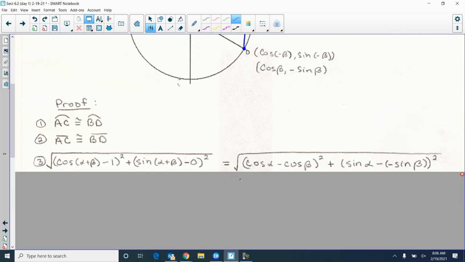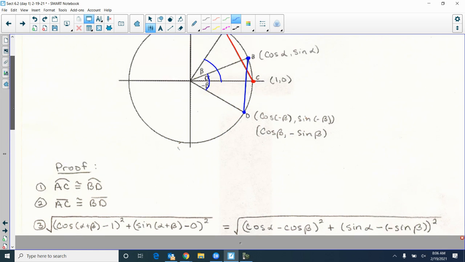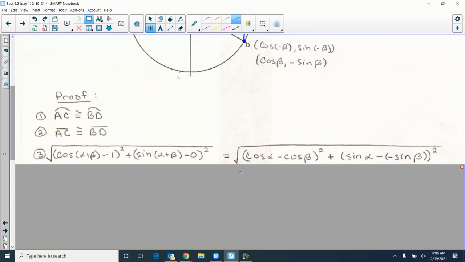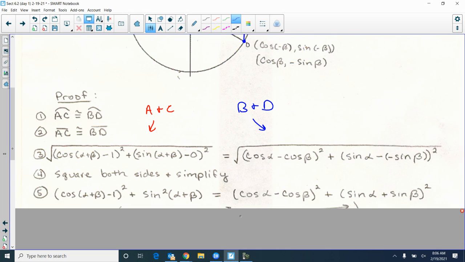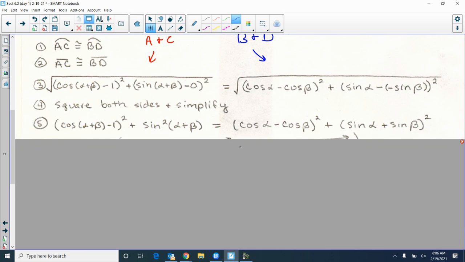Now, this right here is your distance formula for points A and C. This is for points B and D. So I know those lengths are the same, and so I just set that up. Now it's just a bunch of algebra.